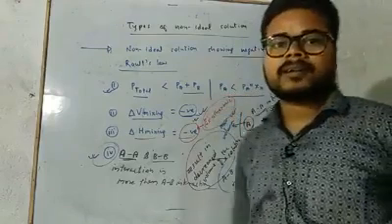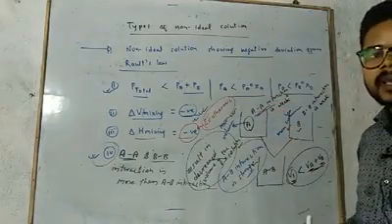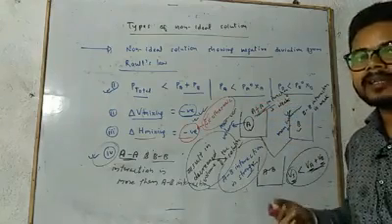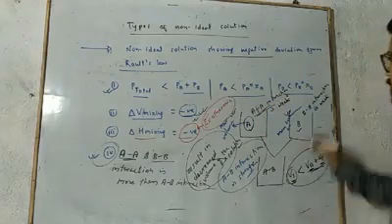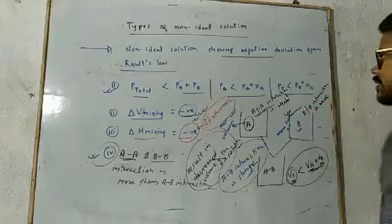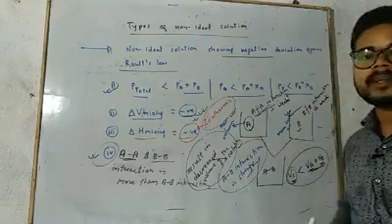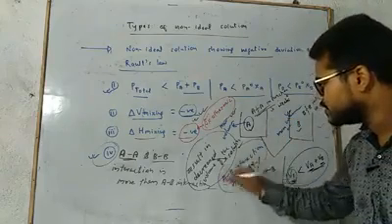Why is this exothermic? AA interaction is weak, so less energy is needed to break AA interaction. BB is weak, so less energy is needed to break BB interaction. But this AB interaction is strong.